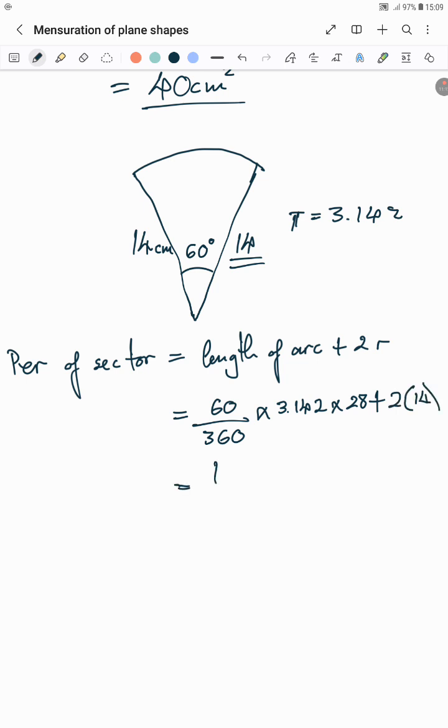So this is 1 over 6 times 28, or we could have, okay, just to make it simpler so that I don't need to use a calculator and do some complicated maths, I can do it this way.